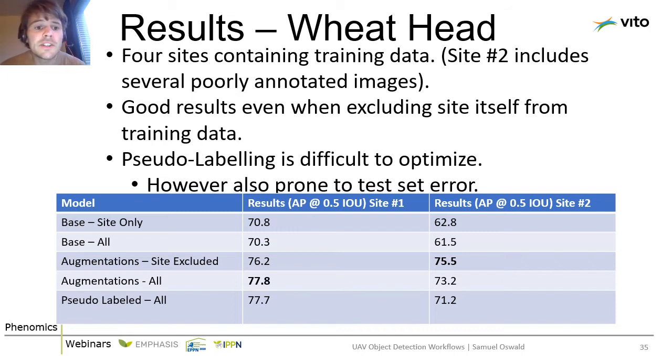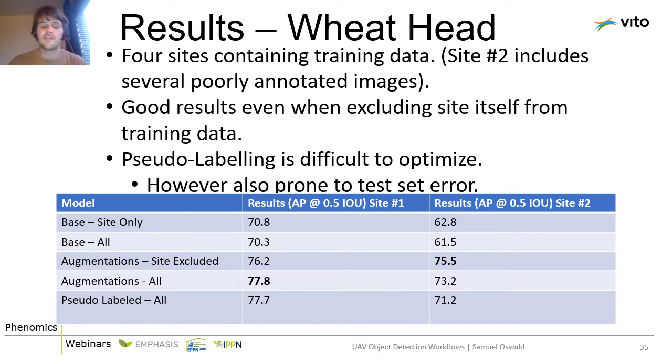As for weed head detection, here we undertook a more complex test. We used 4 different sites containing training data, and principally used site 1 and site 2 as our test data sets. And these sites were larger sites which had multiple varieties of weed heads. And we found some promising results.